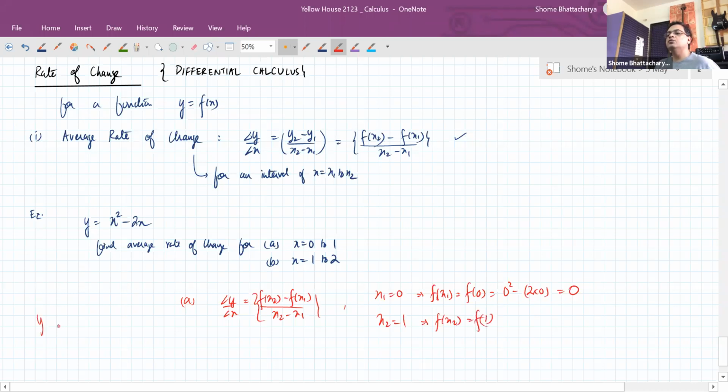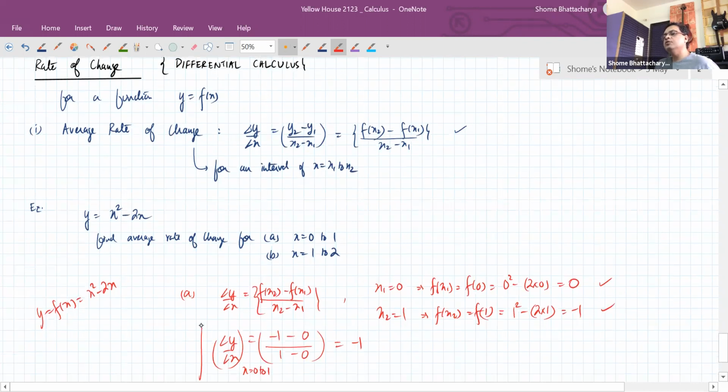The function was x squared minus 2x, so the value at 1 is 1 squared minus 2 into 1, that's minus 1. So this is my y2, this is my y1. This becomes (minus 1 minus 0) divided by (1 minus 0). As you can see, the average rate of change is minus 1 for this interval. Delta y by delta x for x equal to 0 to 1 is minus 1. That becomes my final answer.